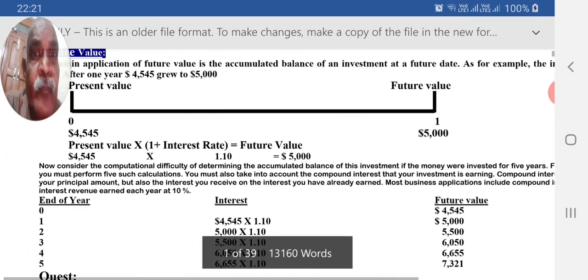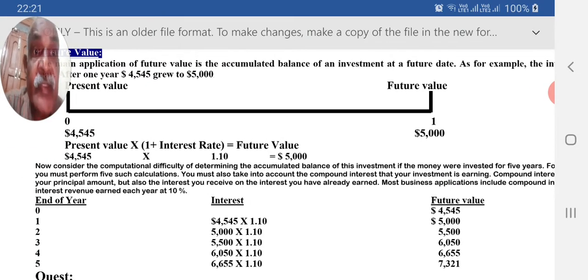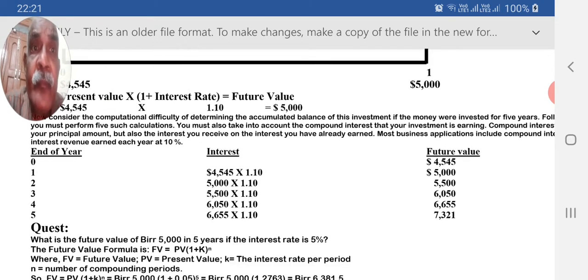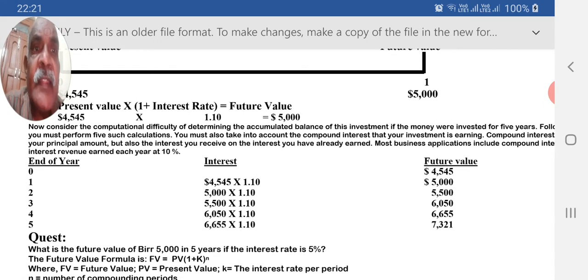Now if you invest that money for 2 years, 3 years, 4 years, 5 years, obviously the amount will increase. Suppose you invest 4,545 at the rate of 10%. At year 0 you invest 4,545, and after 1 year you will get 5,000.